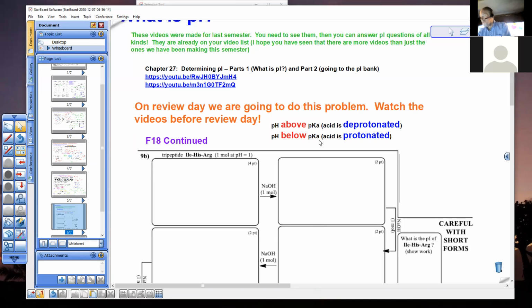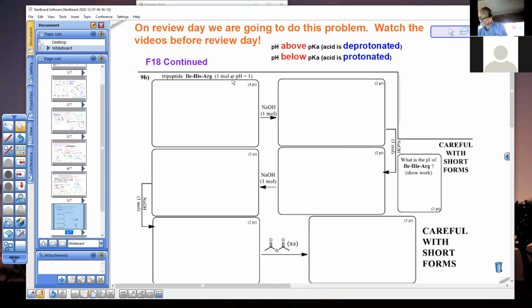pH below pKa. So if the environment has a low pH compared to pKa, low pH means acidic, right? The acid will be protonated, meaning the acid is an acid. Okay, in this problem, we're starting with everything protonated. Do you know how I know? Everything's at pH 1.